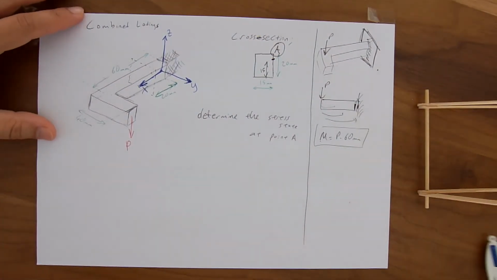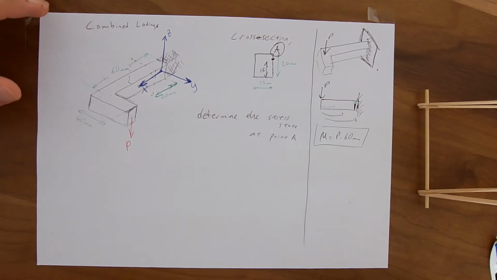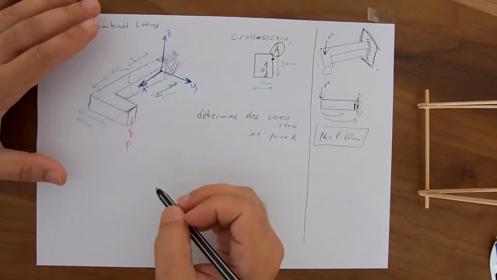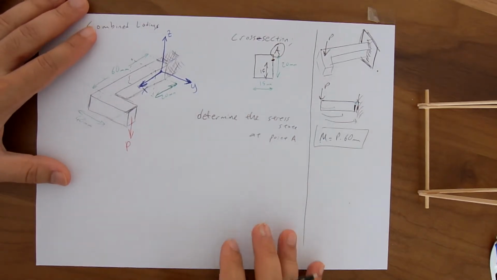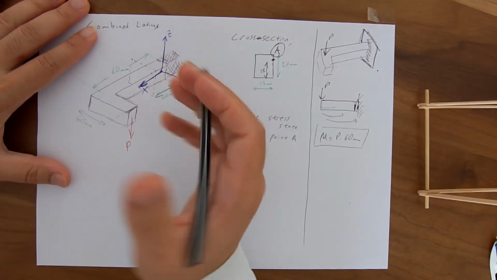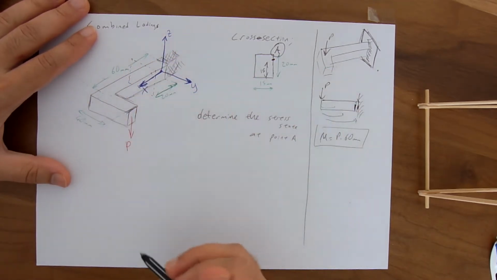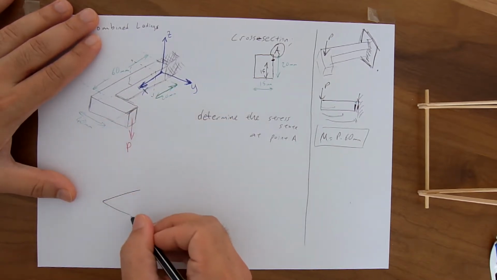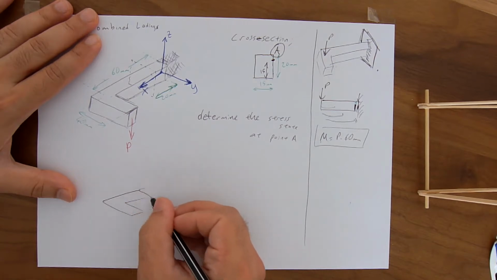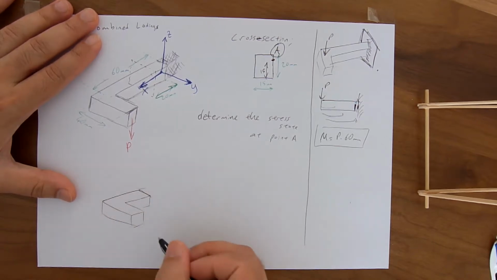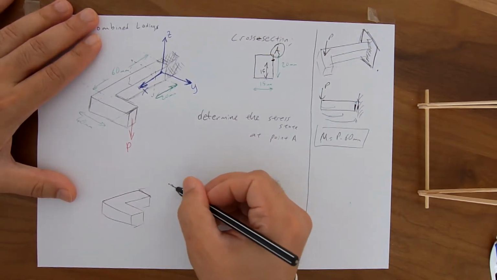Okay. What we are going to do first is to determine the internal loadings on this section. What do we do in order to find the internal loadings at a section? We first cut the part at that section and obtain two segments. So if we cut this into two pieces, the segment on the left is this, the one on the right is this.